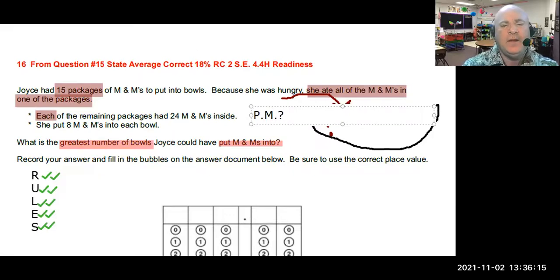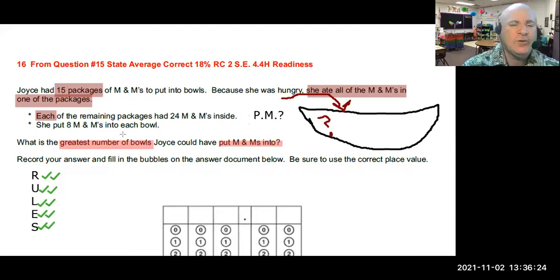Not AM and PM, but if I find the word each in the problem, should I multiply? Each of the remaining M&Ms had 24, your packages had 24 M&Ms. And so every single package has 24 M&Ms.